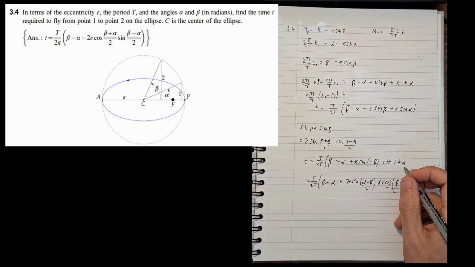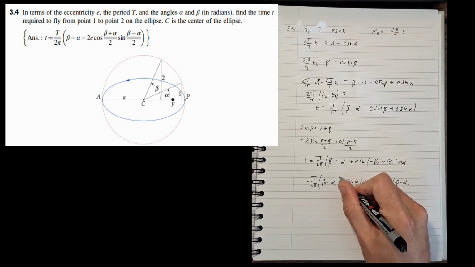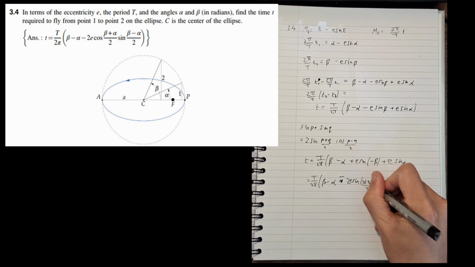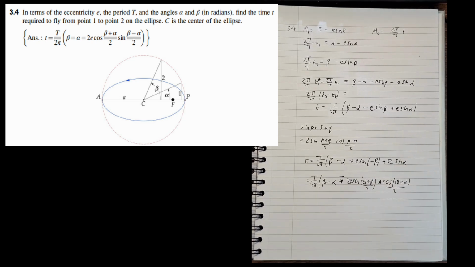Yeah, we can just take out the negative again to get to what they have. So that can be minus, that can be minus, that can be positive, and they can both become positive. And that is the answer given in the book.